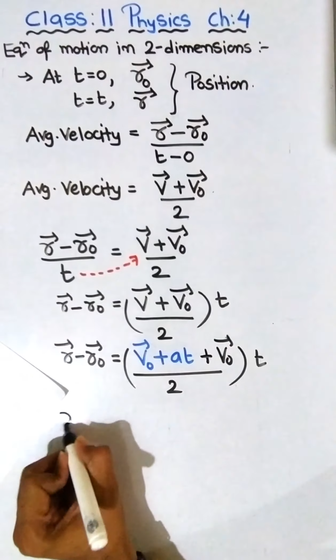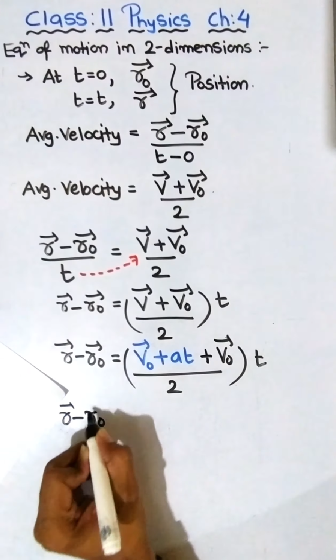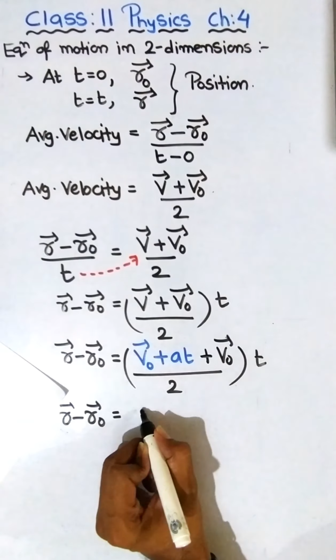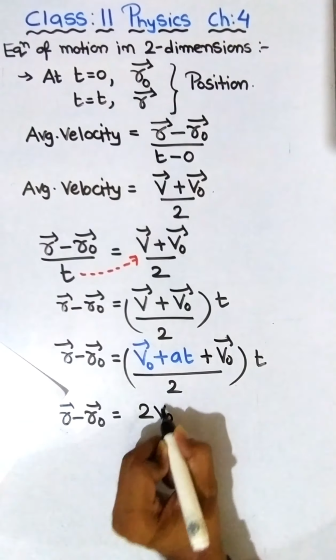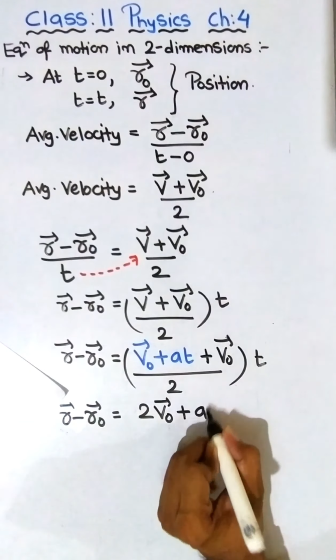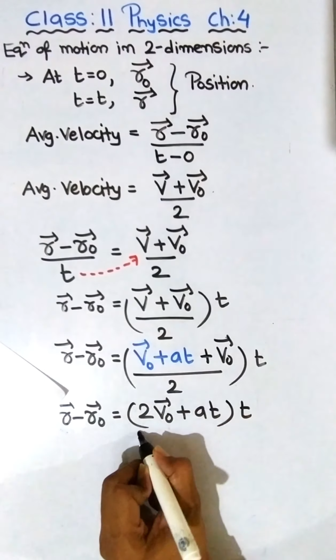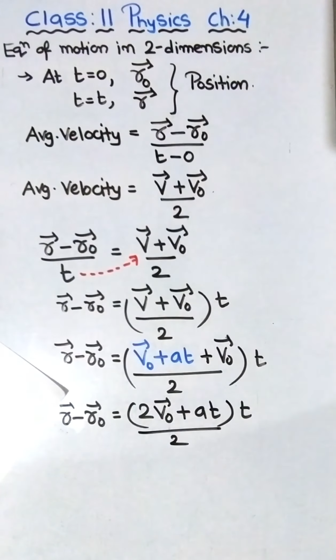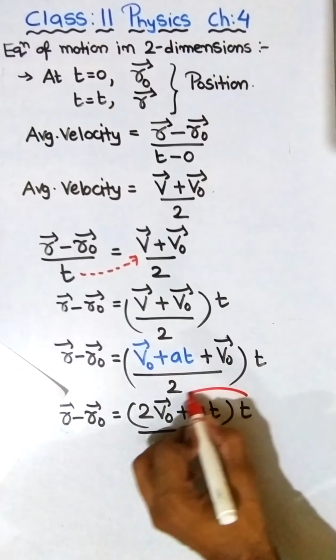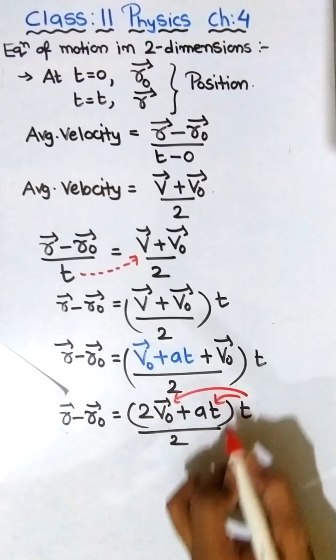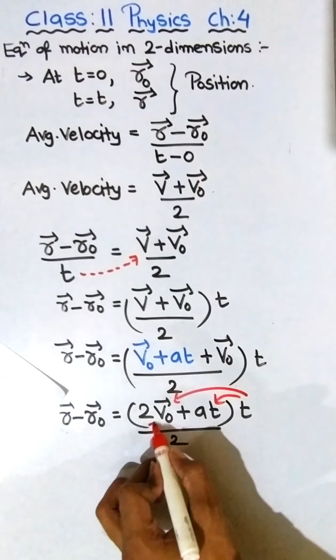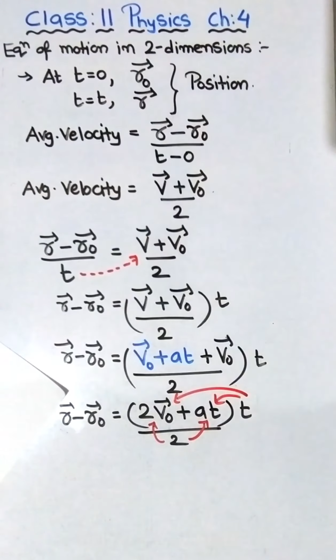So now it will be r minus r0 equals (2v0 plus at), and over here we have t upon 2. Now we will have to do two things simultaneously: t will be multiplied to each of the terms, and then 2 will be given to both the terms.